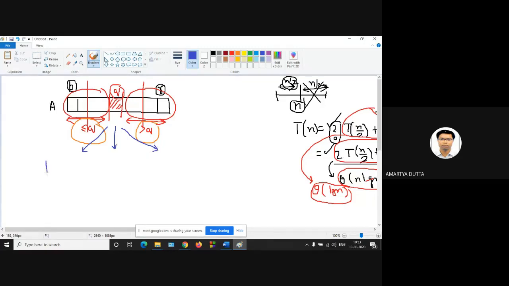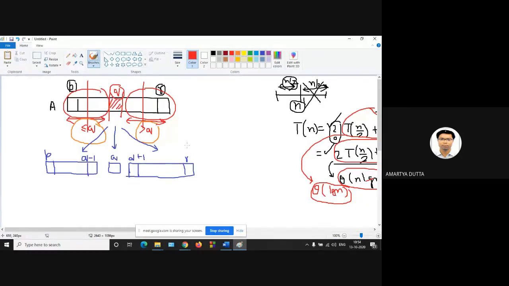One portion starts from P and ends with Q minus 1, right? And this is your Q, and finally this is Q plus 1 up to R.